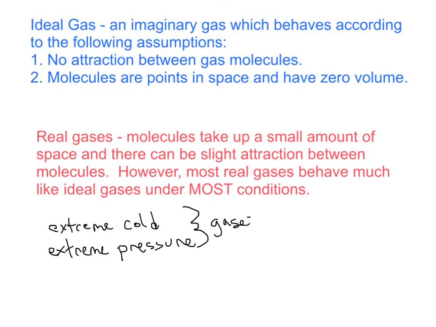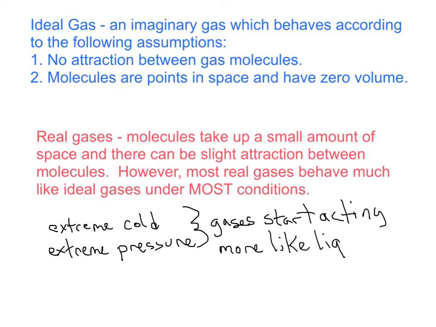So that's why gases will stop behaving ideally if you have an extremely high pressure or an extremely low temperature. That's just something you have to keep in mind. Most gases act ideally under standard conditions, but when you start getting them at high pressures or very cold, they turn into liquids or solids.